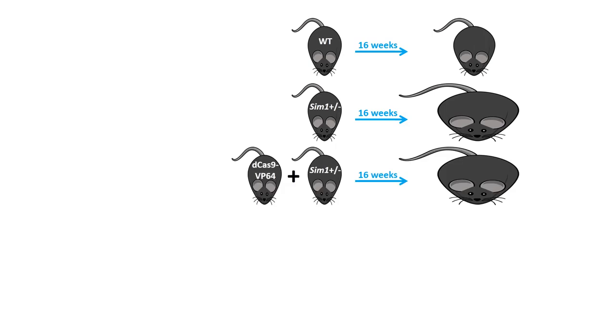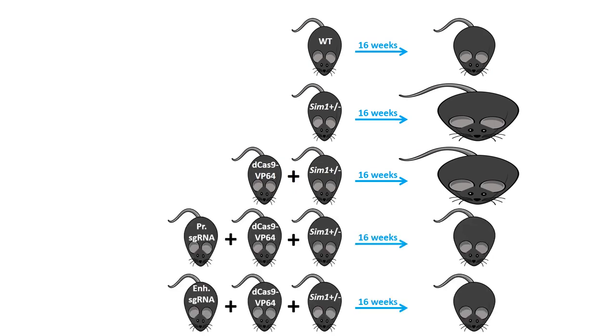So we got hold of knockout mice for SIM1, and the heterozygous mice of course become extremely obese after 16 weeks. We then generated mice that have the dead Cas9 and the VP64 transcriptional activator and made them to the SIM1 heterozygous mice, and those of course become extremely obese because there's no guide to tell the Cas9 where to bind in the genome.